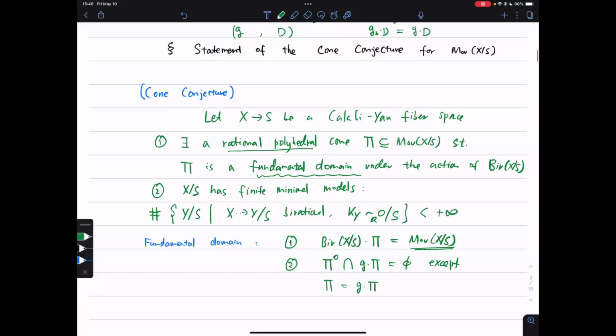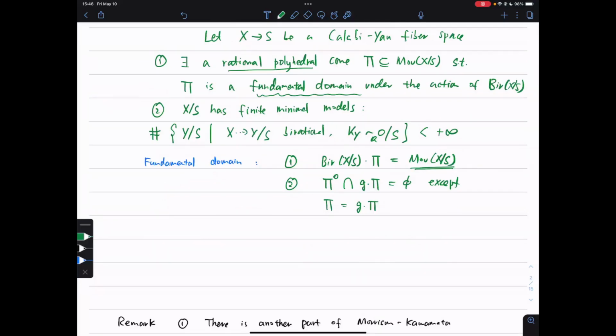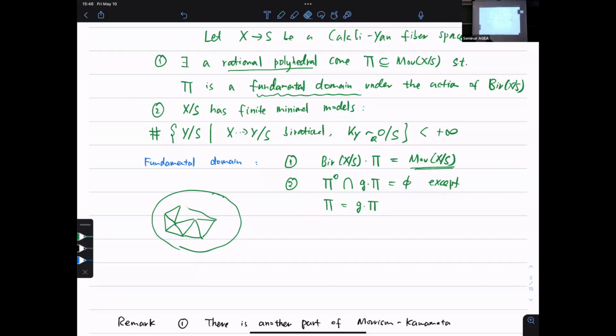It is what you can imagine. Suppose your cone is round, but you have some rational polyhedral pieces. This is a section of the cone, and I look from the top. Then you can fill up this round shape by these polyhedral cones using the automorphism group, in a way that two different cones only touch at the boundaries.